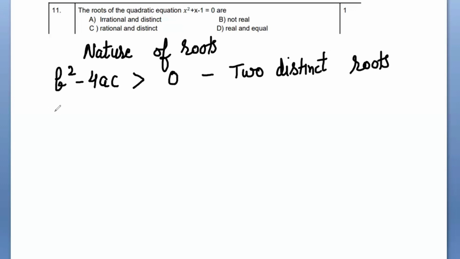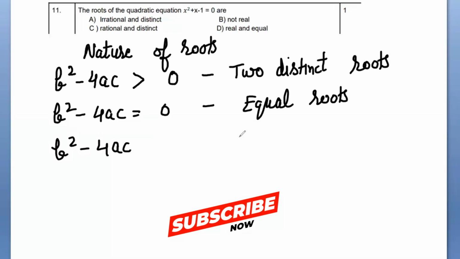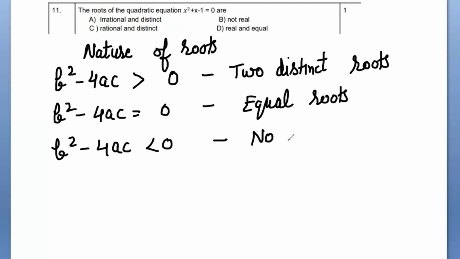If b square minus 4ac is equal to 0, the quadratic equation has equal roots. If b square minus 4ac is less than 0, then the equation has no real roots.